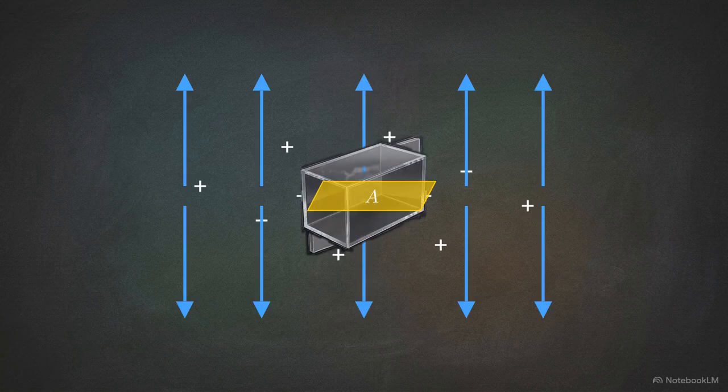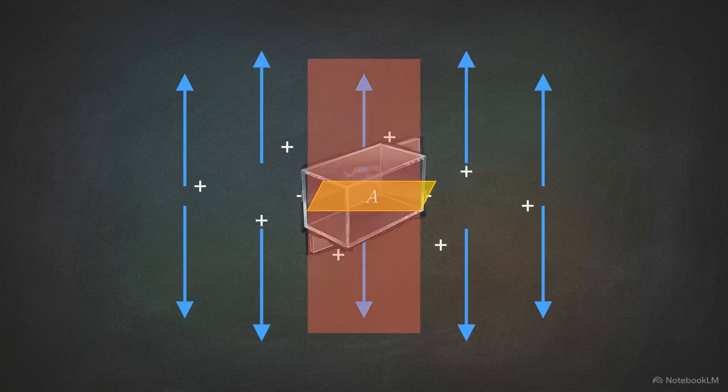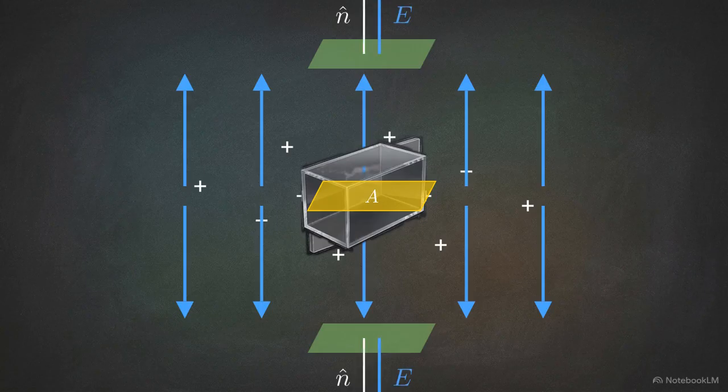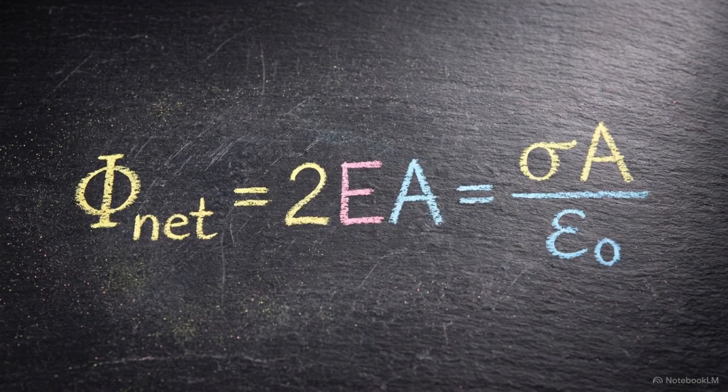This perfectly inverts the alignment we saw with the wire. Now the electric field lines run parallel to the 4 long sidewalls of our Gaussian shape, contributing zero flux. The entire sum of the flux is forced to exit exclusively straight through the 2 flat end faces. We combine the total flux from both faces, giving us 2EA, and set it equal to the enclosed charge, sigma times area, divided by epsilon naught.